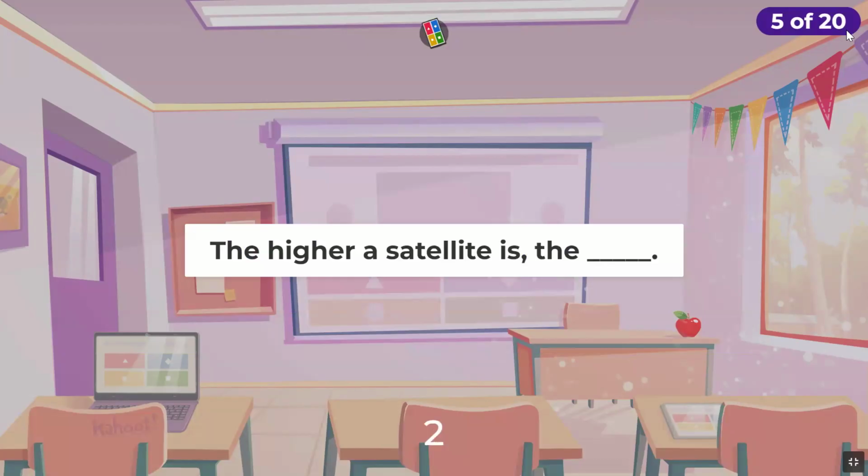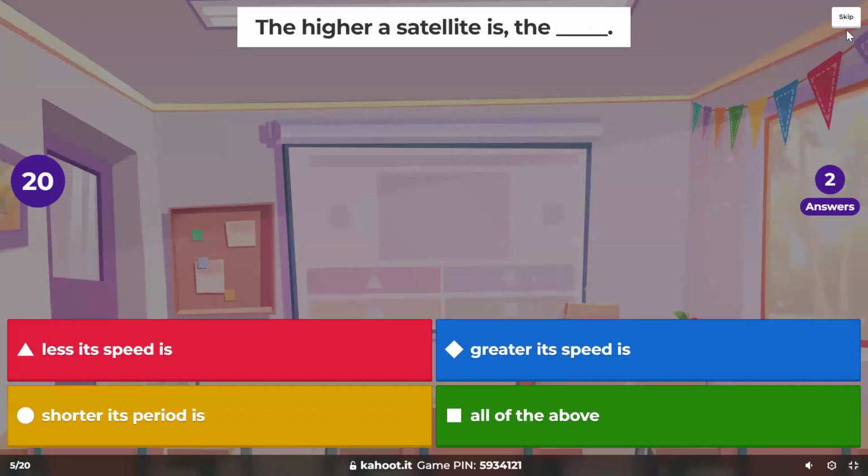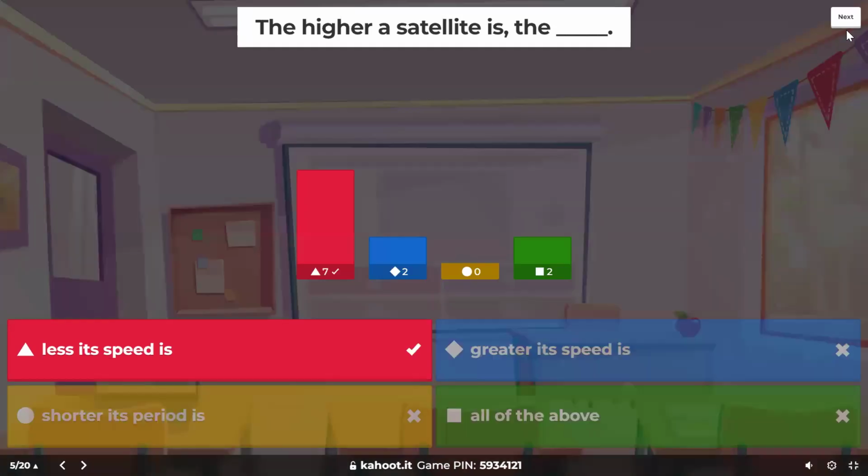The higher the satellite is, the less its speed is.